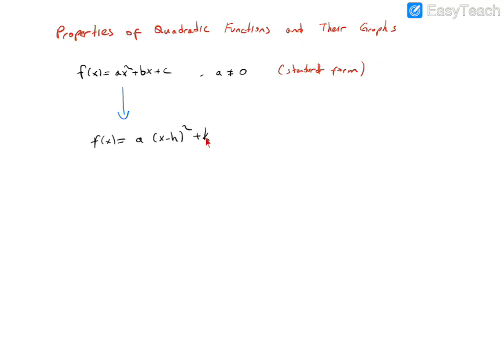So again, by shifting up or down, we can obtain the graph of this function easily. So if you write this function in this form, the vertex form, easily we can sketch the graph.